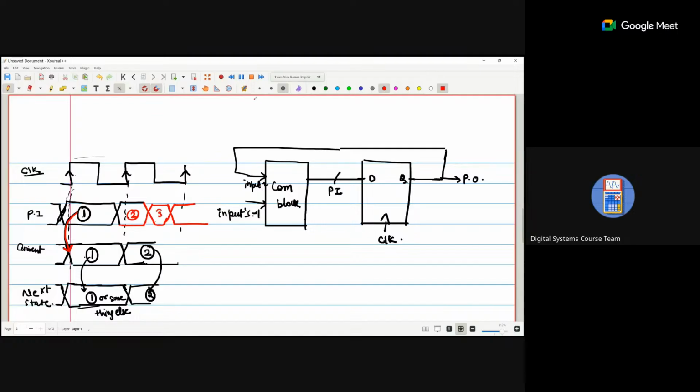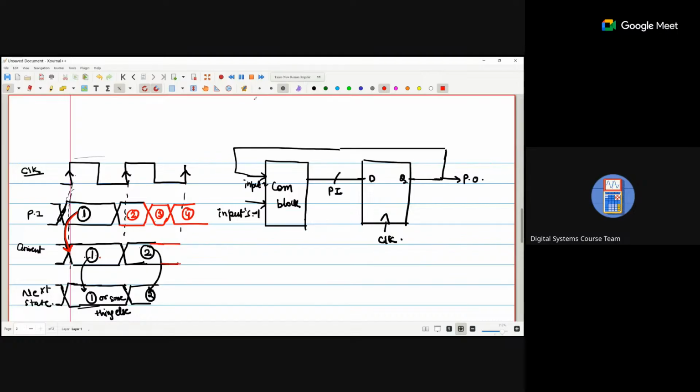2, 3, 4. Now what is my current output? 1, and it will be 2. No change for the 3. 3 is skipped. Why?